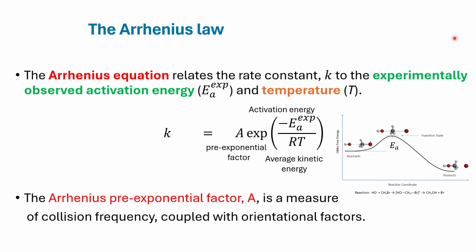And what is the significance of this quantity? If you recall that RT is the average kinetic energy, it will be apparent that the exponent is just the ratio of the activation energy to the average kinetic energy. The larger this ratio is, the smaller the rate, because of this negative sign.